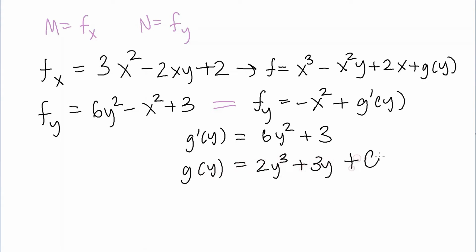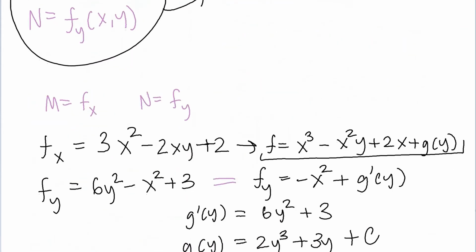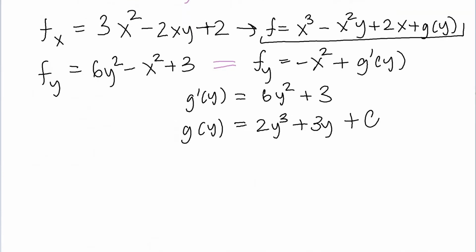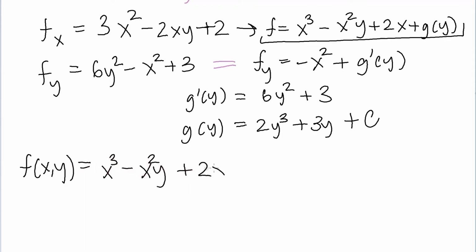So now that we know our g of y, we can plug it in and finally get our full f of x, y function. So let's write that out, and we end up getting x cubed minus x squared y plus 2x plus g of y, which is plus 2y cubed plus 3y plus c.